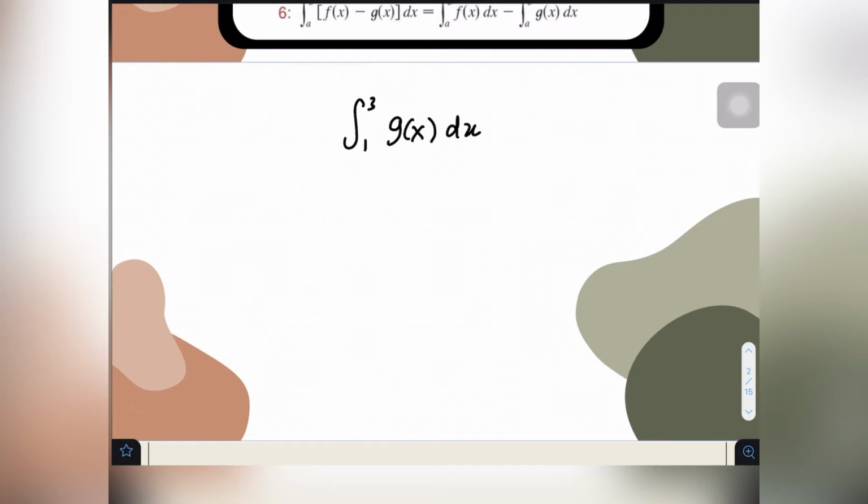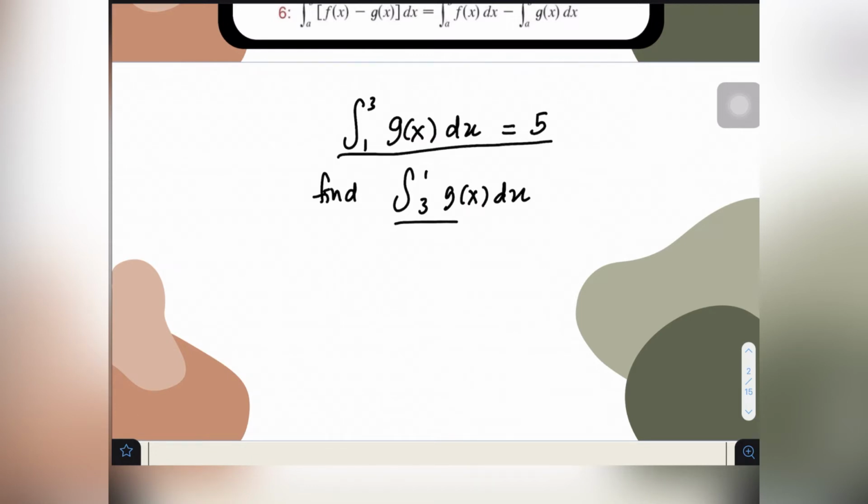Okay, g(x) dx equal to 5. Given that the integration of g(x) dx from 1 to 3 is equal to 5, the question asks you to find the integration from 3 to 1 of g(x) dx.